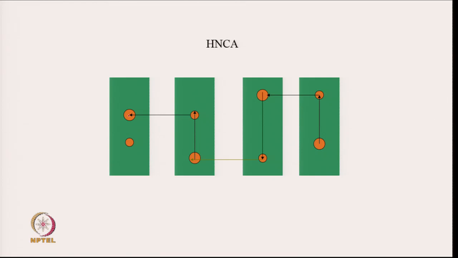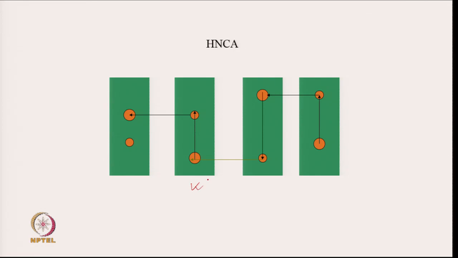Now, look here: this big circle is for the ith residue, the correlation between proton and C alpha of the same residue, whereas this smaller circle is for the correlation between the amide proton of the ith residue and C alpha of the preceding residue.